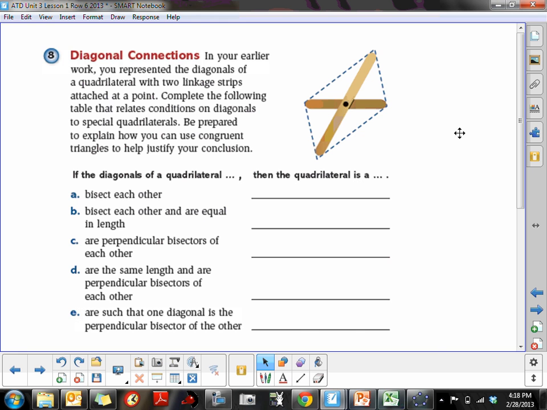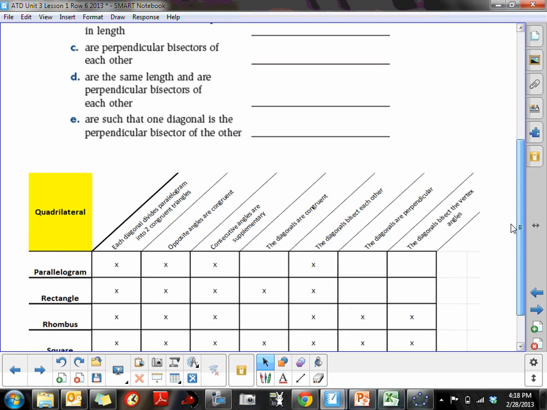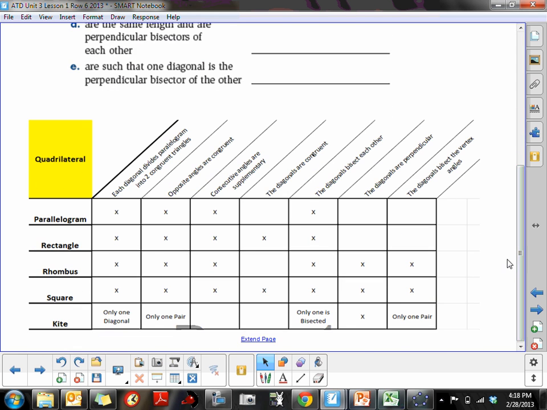So what I did is I copied this chart down here, and what we're given is a characteristic that the diagonals bisect each other. So I'm down in this column here. Well, if the diagonals bisect each other, what figure does it have to be for sure? It looks like we have lots of choices: square, rhombus, rectangle, parallelogram.